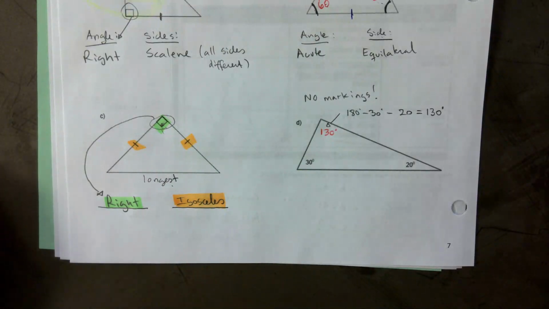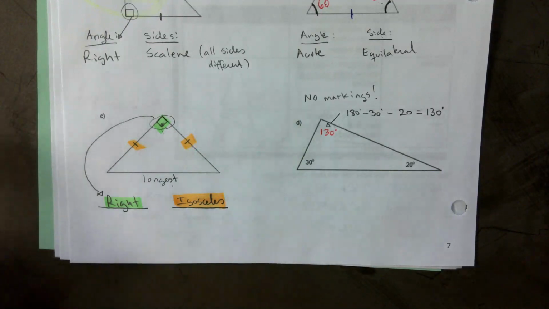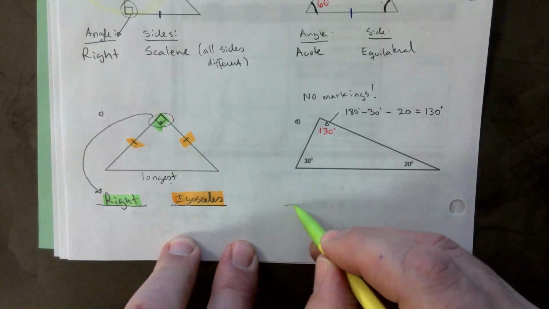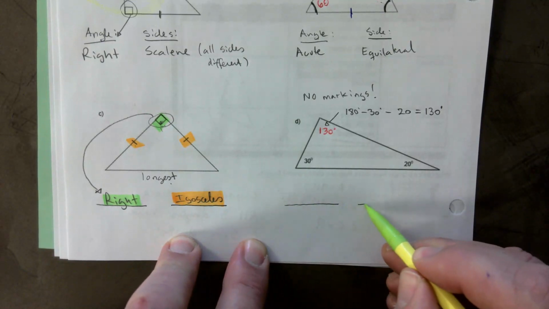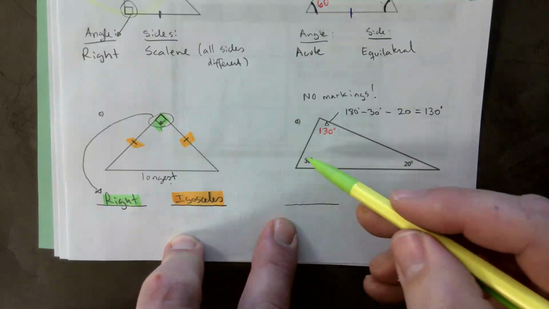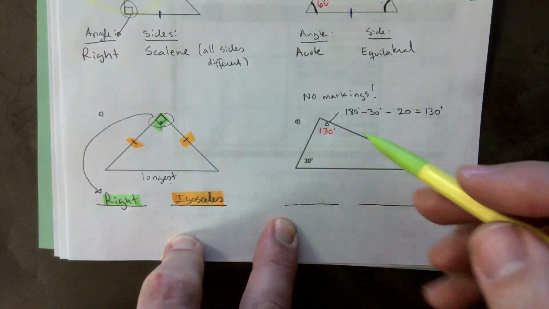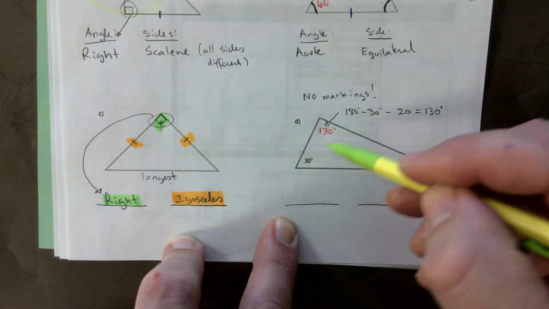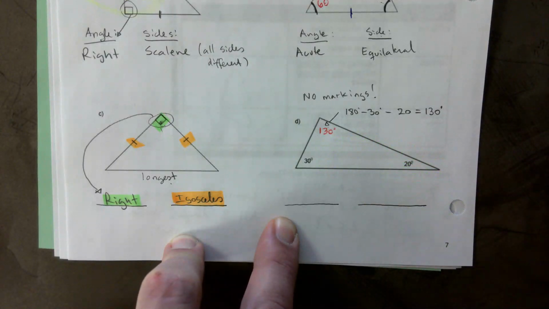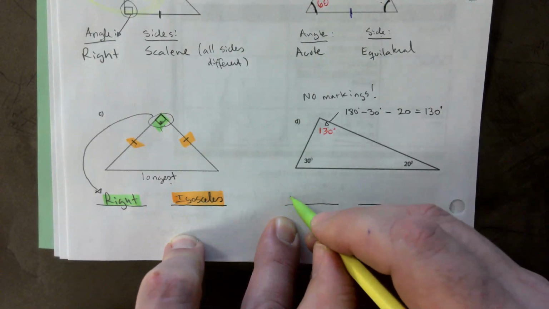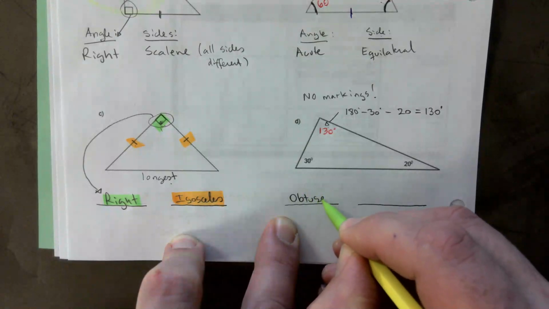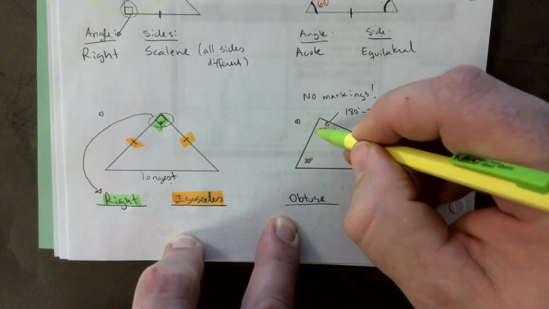Believe it or not, you don't have any side lengths, correct? You cannot solve this anyways. This is unsolvable. But can we still name it? Absolutely. If you look at all three angles, which category does this fit into? Acute, right, or obtuse? Obtuse. Thank you. We're all kind of like, I don't want to mess this one up.